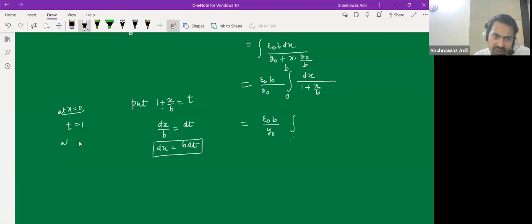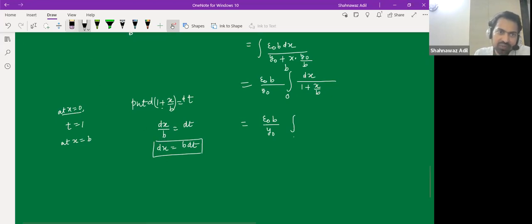How did we get dx by b? dx by b is equal to dt. I took the differentiation of this and then of that. This is constant, so this would be 0, only dx, and b is constant again.